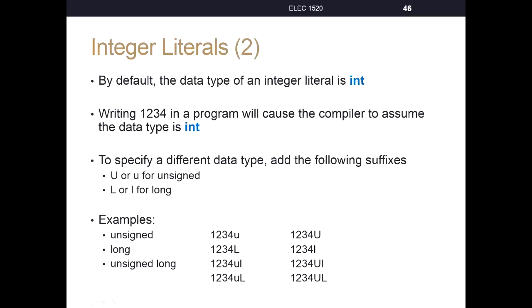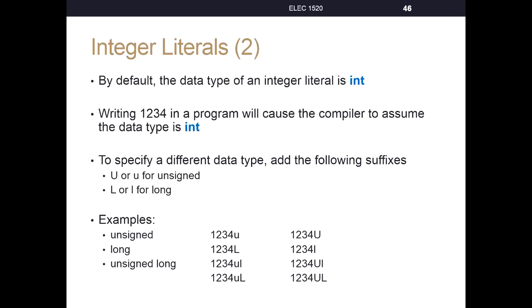Not short, not long, not char, but int. So if you write 1234, the compiler assumes the data type is int. This becomes more important later when we're assigning like types and have warnings enabled to let us know when we're not doing that. We want to keep data types in mind at all times, to make sure that we're not trying to assign a type that's too big to a type that's too small.